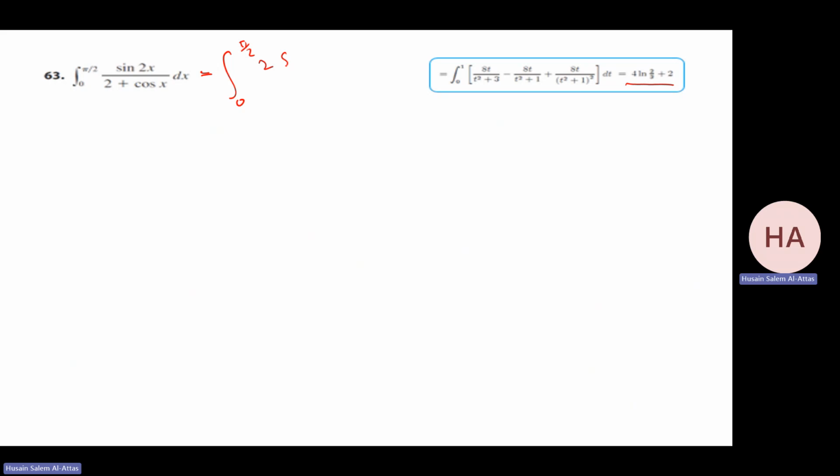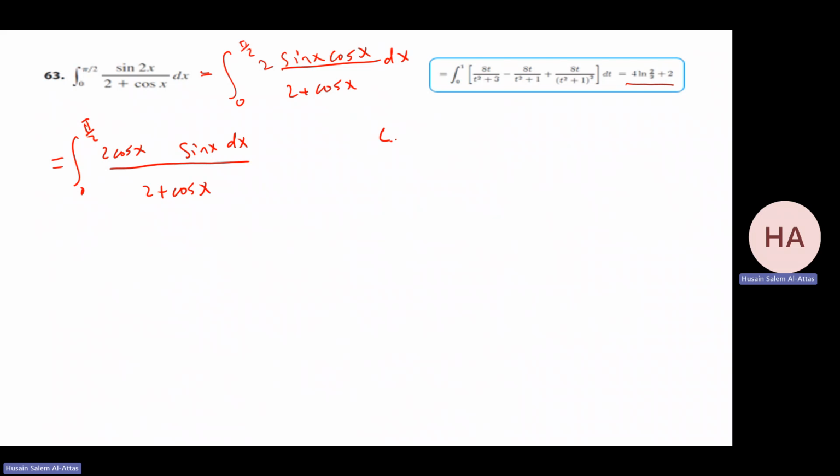I have 2 sine x cosine x over 2 plus cosine x dx. So I can take the sine x, and this is sine x dx over 2 plus cosine x. So I let u be cosine x. du will be what? Minus sine x dx.